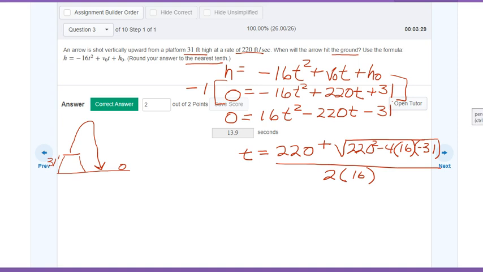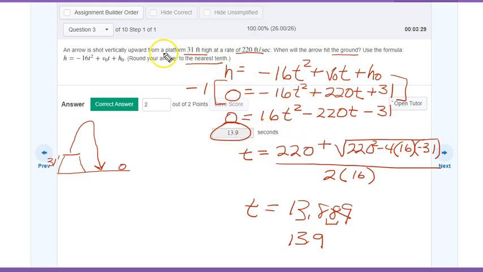Now, when I put all of that into my calculator, my positive value is 13.889. I have to round to one decimal place, so I look at the hundredths place, 8. So I'm going to drop this and make this 8 13.9, and that's what it is.